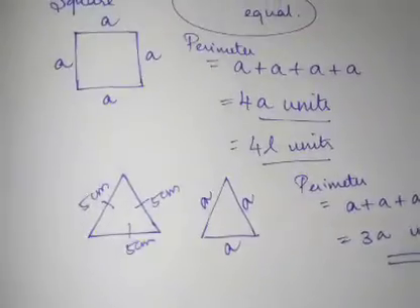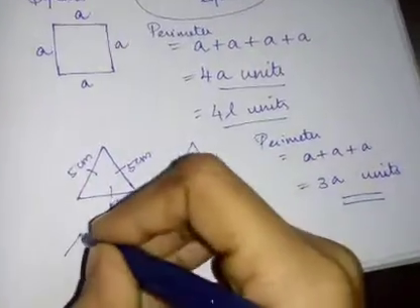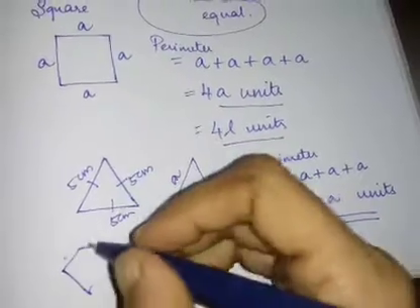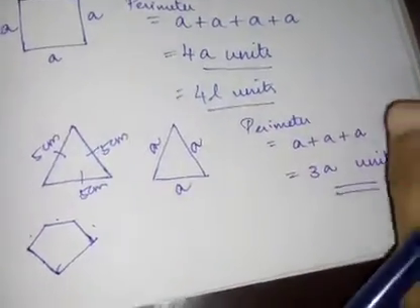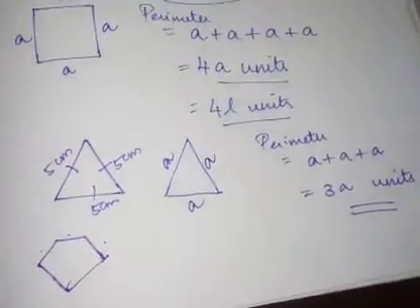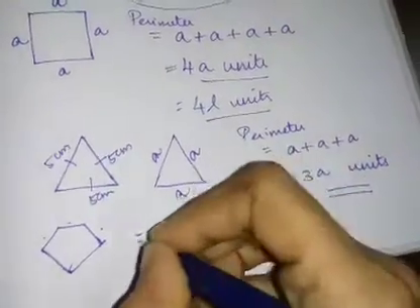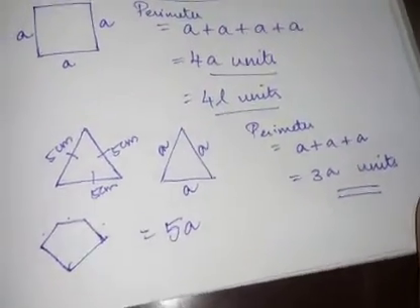So these are the regular shapes. We have more regular shapes here. Regular pentagon: 1, 2, 3, 4, 5. All the 5 sides will be equal. Pentagon means 5 sides. What is the perimeter of the regular pentagon? 5A, because it has 5 sides.